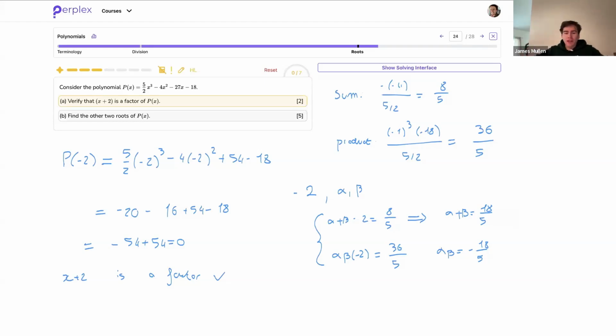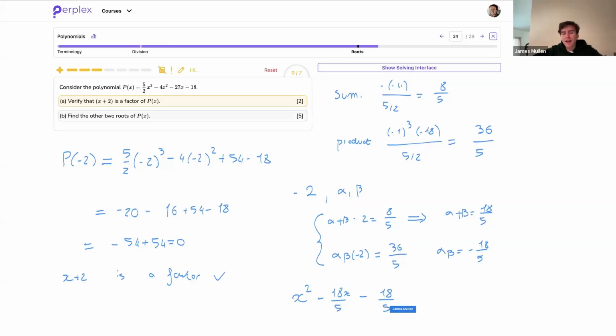I think the fastest way to solve it, once you know the sum of two roots and the product of two roots, is to remember that these are going to be the roots of the quadratic x squared minus 18 over 5 x minus 18 over 5. Now, why is that the case?